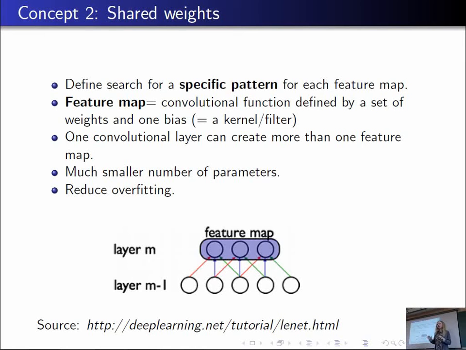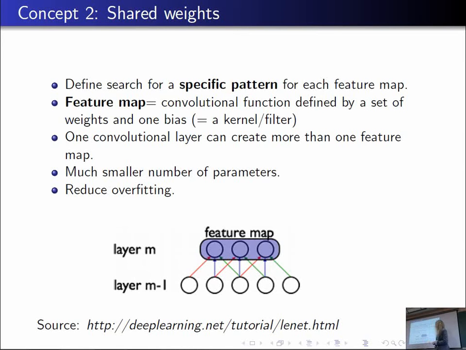So it's like in normal neural networks, but here we don't have weights and bias for each neuron in the layer, but all the layer will have the same weight and bias. So they share the same weights and bias.